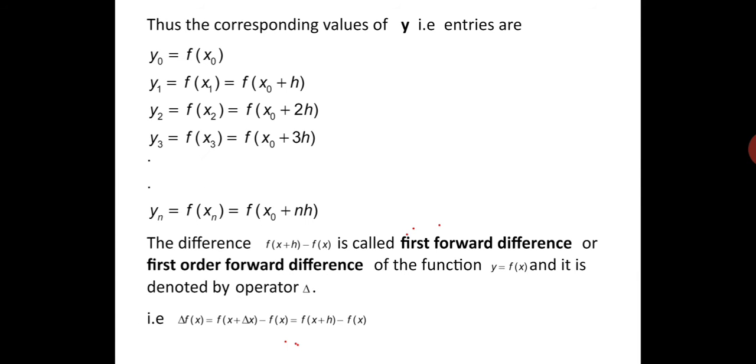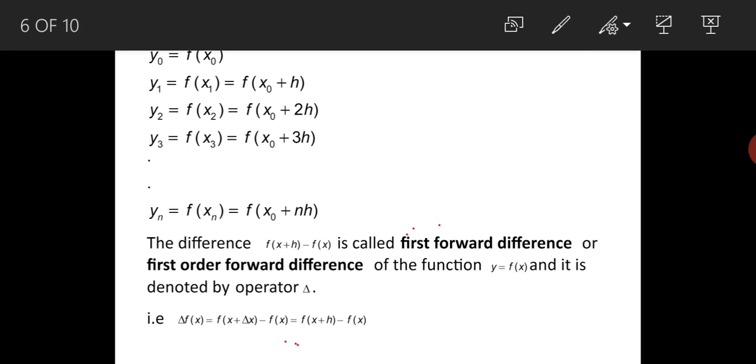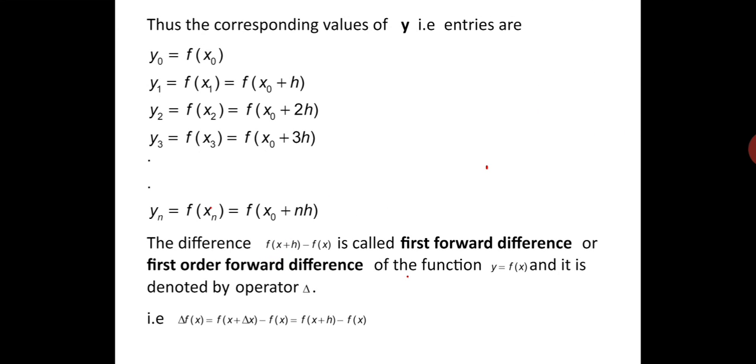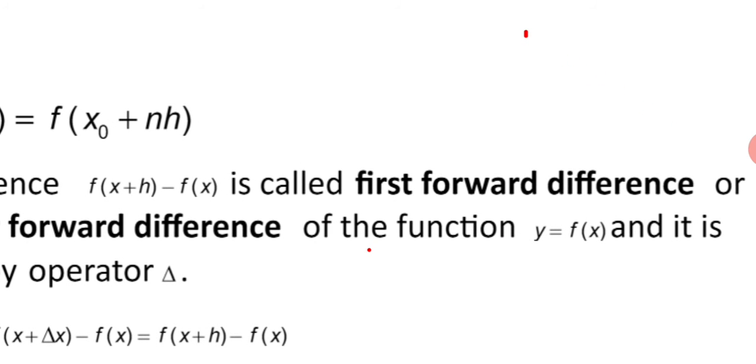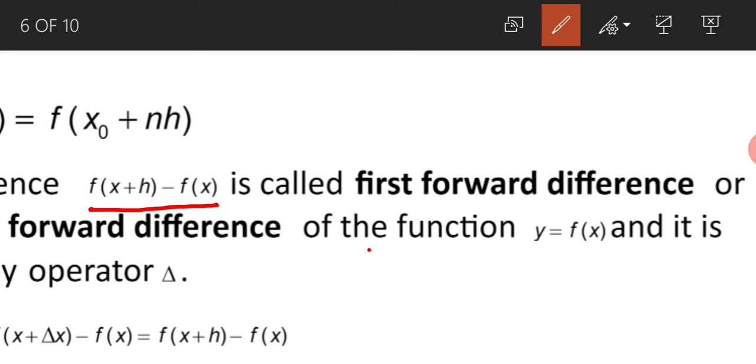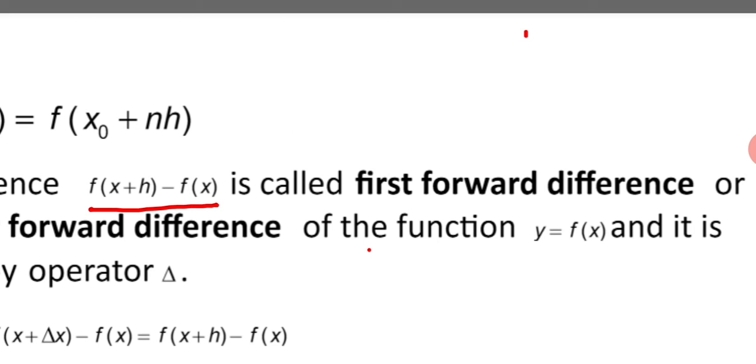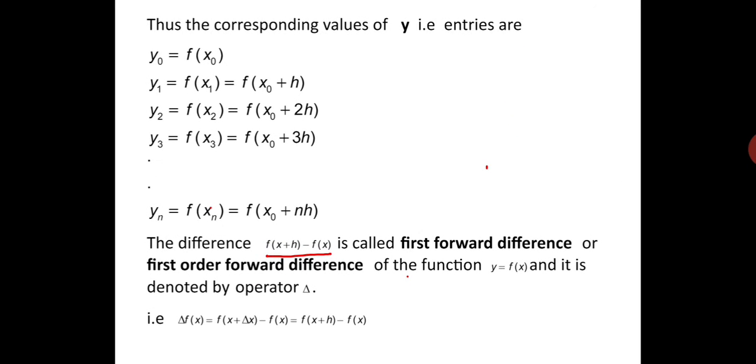So, the difference between the consecutive values, that is, f of x plus h minus f of x, is called the first order forward difference or first forward difference.